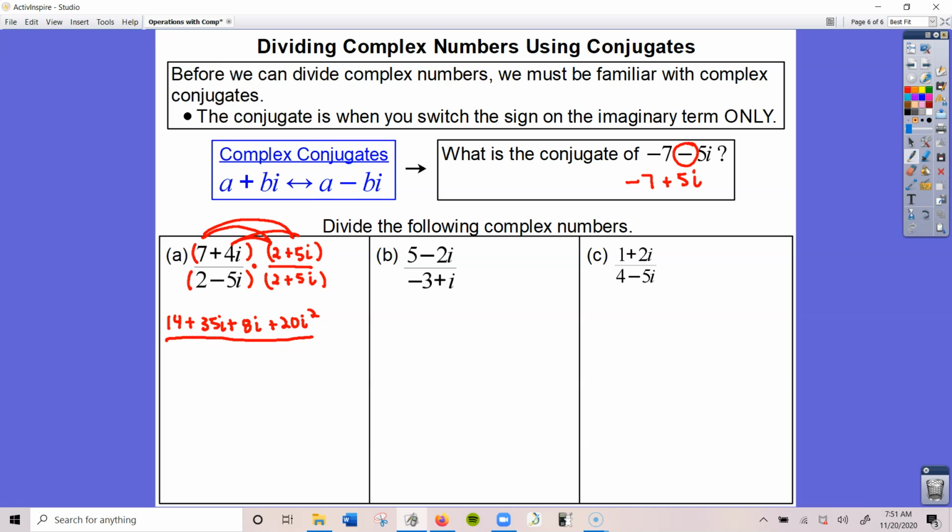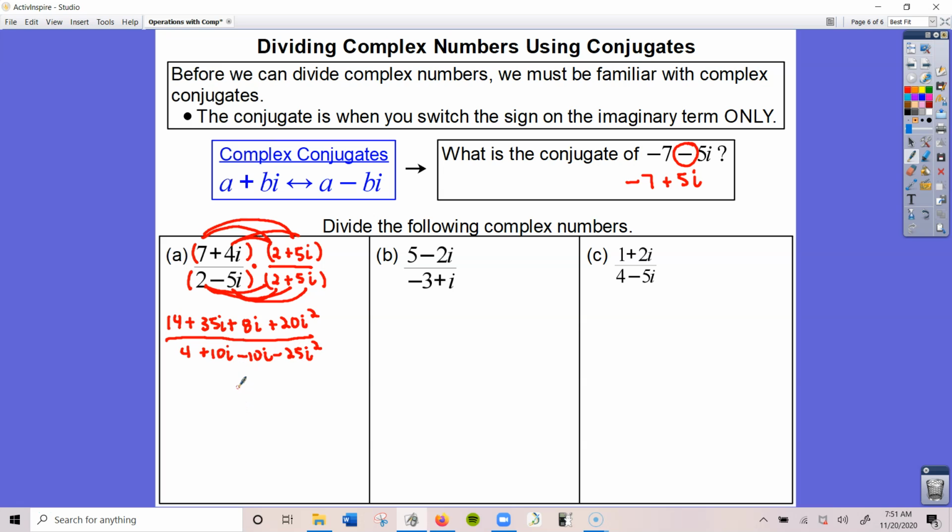And in the denominator would be 4 when I distribute the 2, plus 10i, and then minus 10i, and finally minus 25i squared.